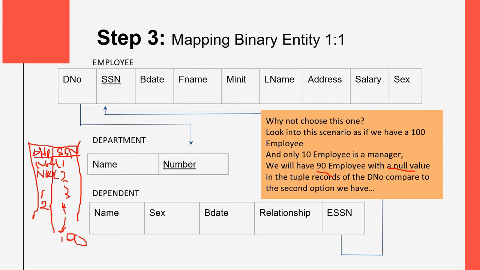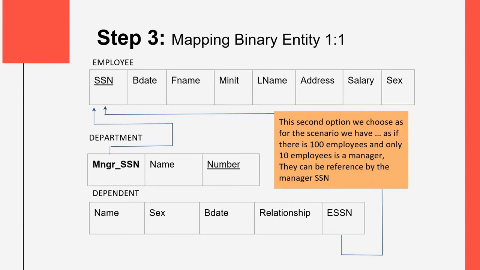This is not the right way, because many records will have a null value here. That's why we don't use a foreign key at this side of the corresponding entity. That's why we choose to put the foreign key at the department.